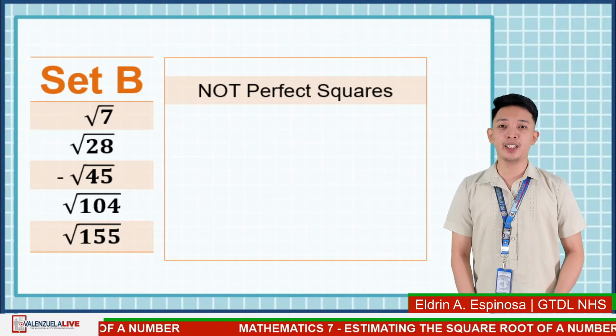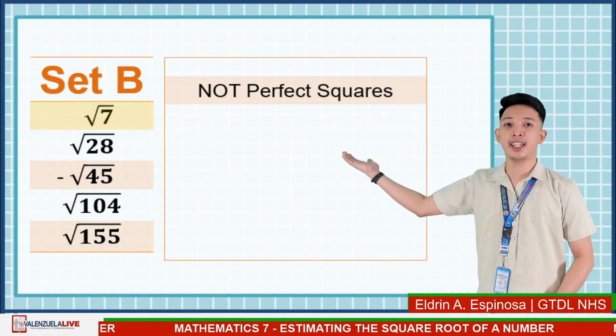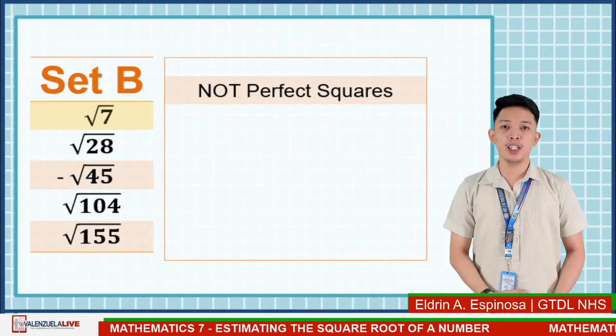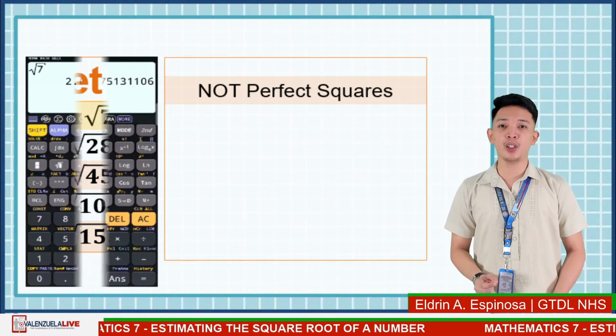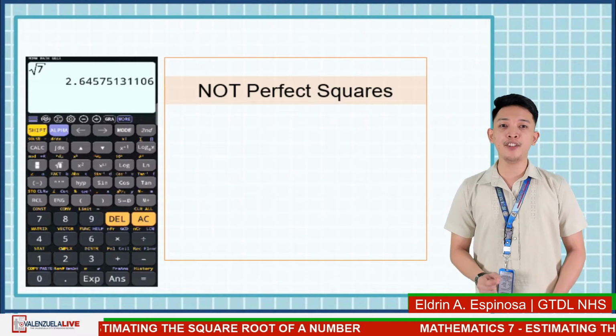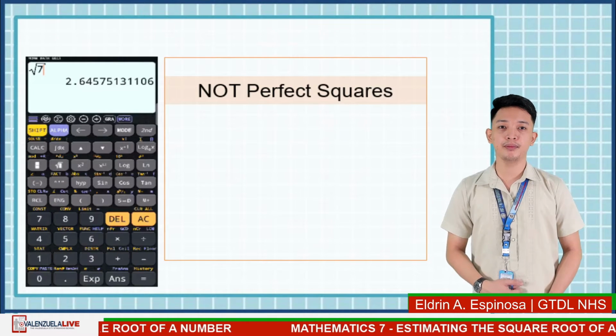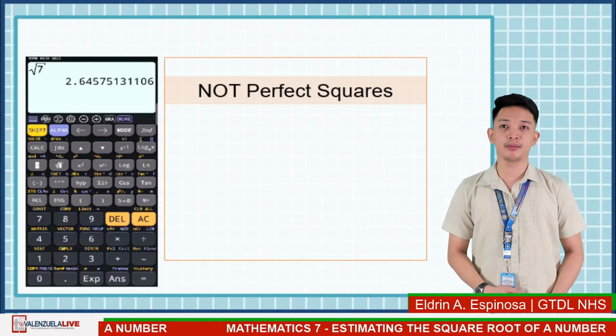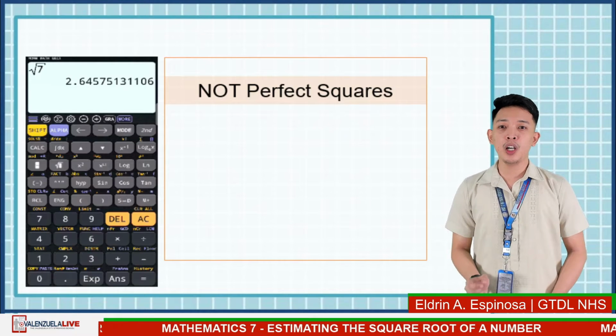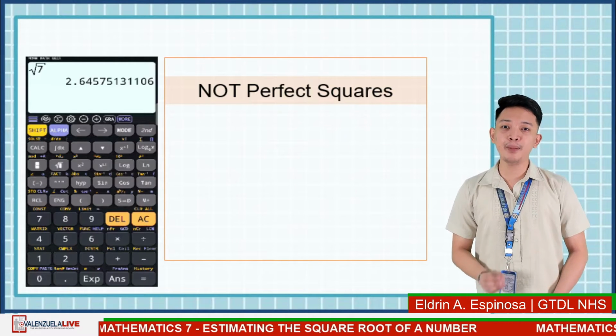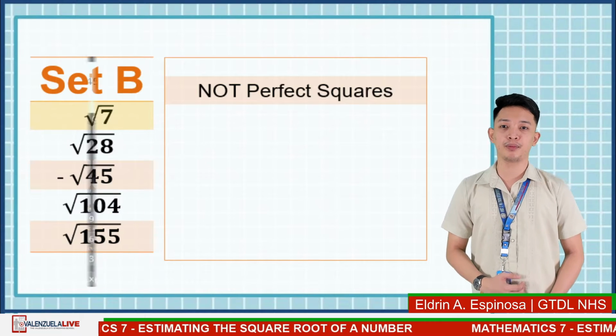Let us now consider square root of 7. If you are going to use your calculator, it can display the following figures: 2.6457 and so on.